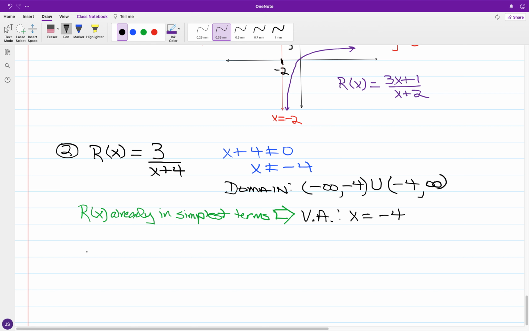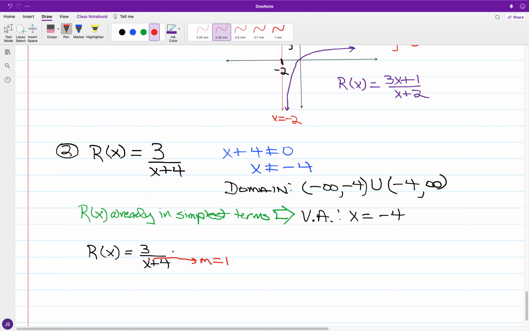And looking at any other type of asymptote, you have x plus 4 in the denominator, so this is going to be first order. So the denominator degree is going to be 1.